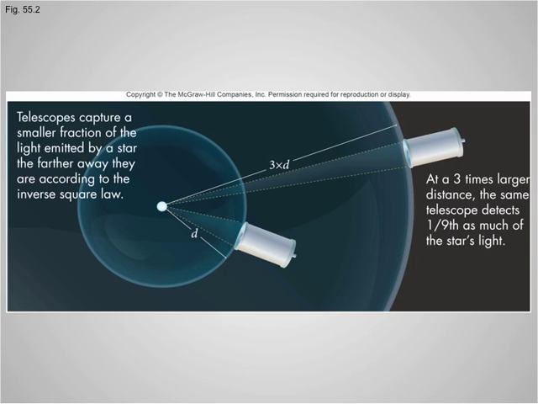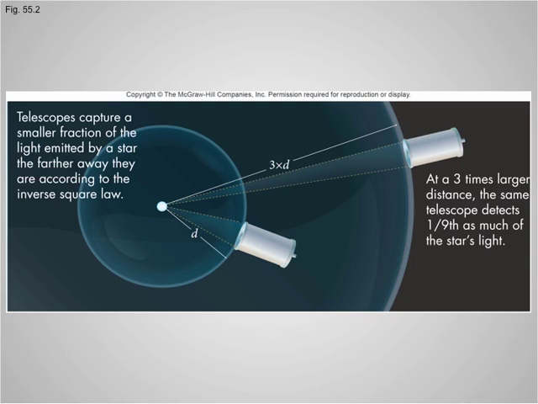If you place this telescope at distance d away and another telescope at distance 3d away, then you would find that the brightness in the farther away telescope is not a third of the brightness of the closer telescope, but it's actually the square of that, 3 squared, or 1/9 as bright as the star is for the closer telescope.